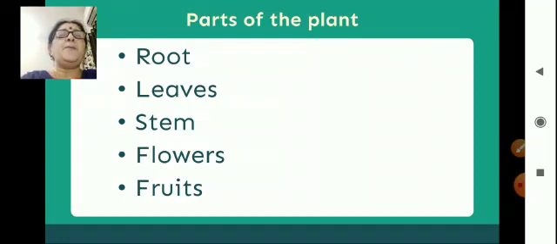These are the parts of the plant: root, stem, flowers and fruits. Plants have many parts. Let us see what they are. We will see all these parts in detail.